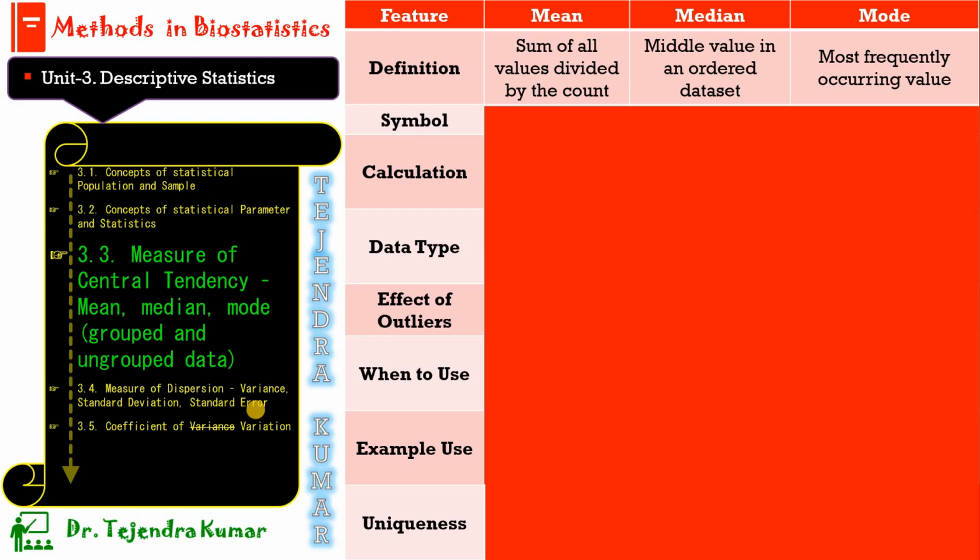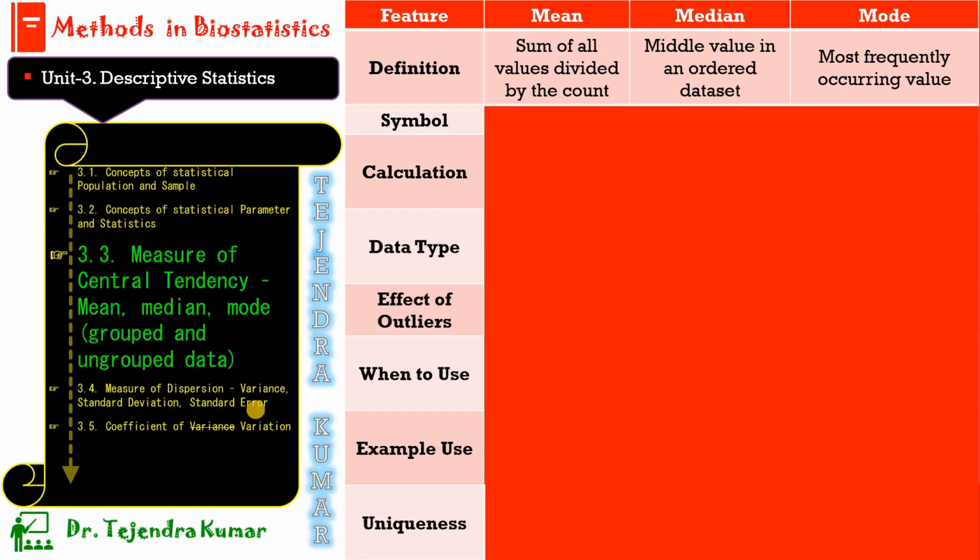Median is the middle value in an ordered data set. This means the data set which you have been provided, you have to arrange in a specific order, whether it is ascending or descending.